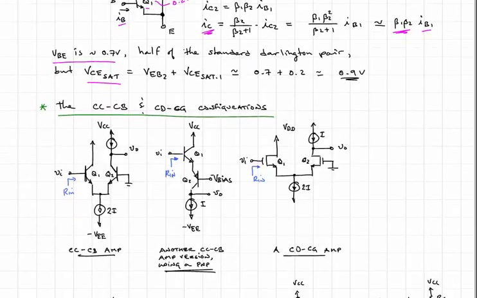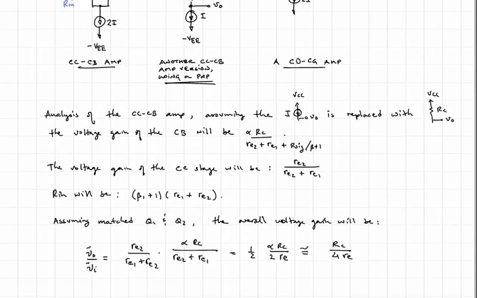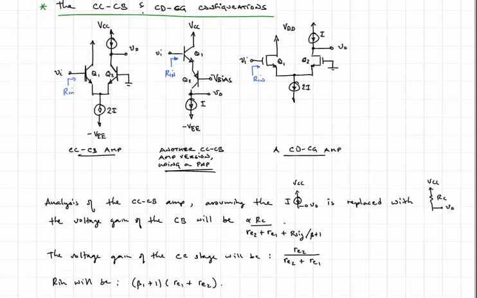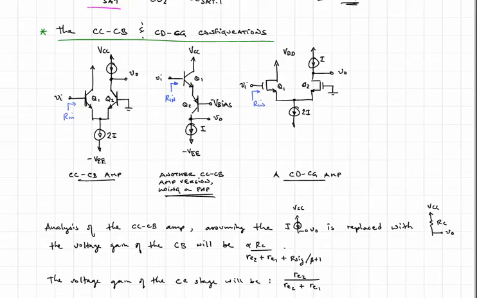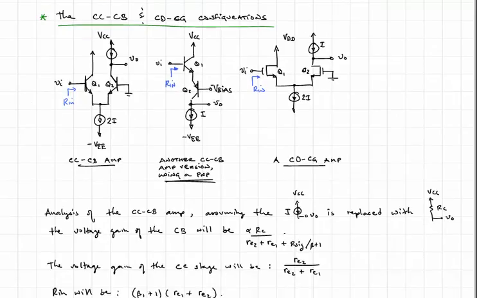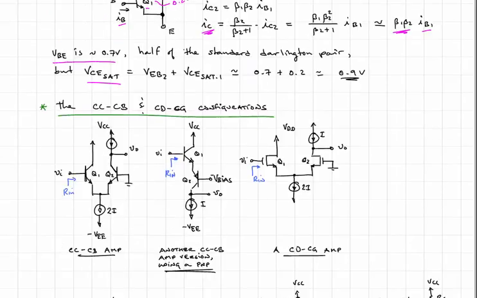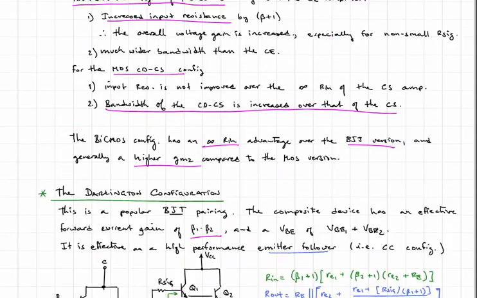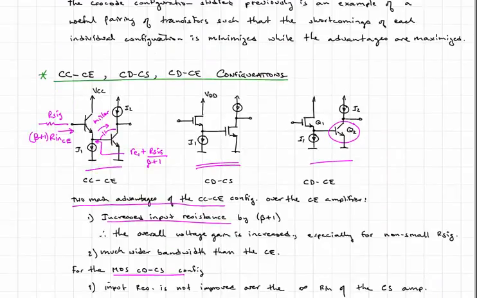Okay, lastly, this is the last topic for this section and for Chapter 7. Here we're combining a common collector and a common base. So again, what's different here from what we just did? Go back up. Here we were looking at a common collector, common emitter.